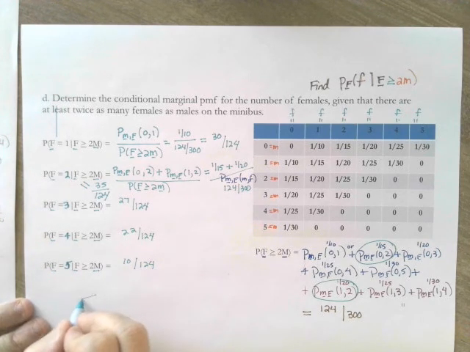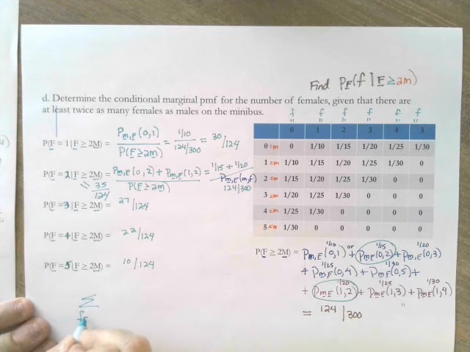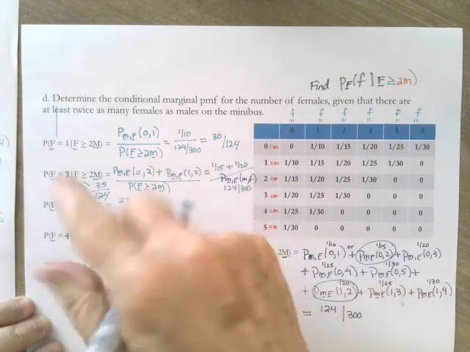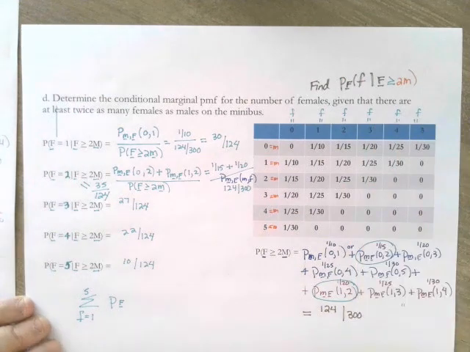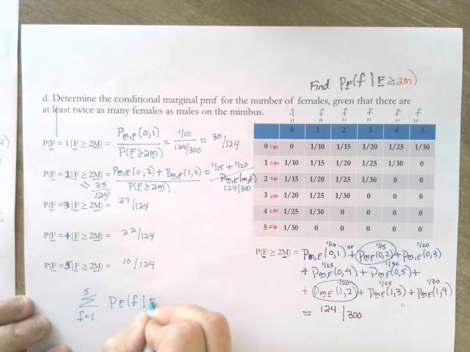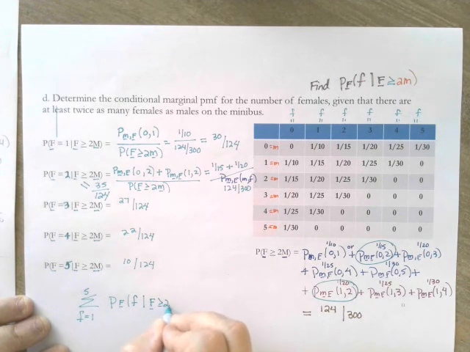And if you sum f going from 1 to 5 over this probability, well, this is what we did. I mean, this is all of that, right? You all understand that? I probably should have these as lowercase f's, but I'm just going to leave it that way.